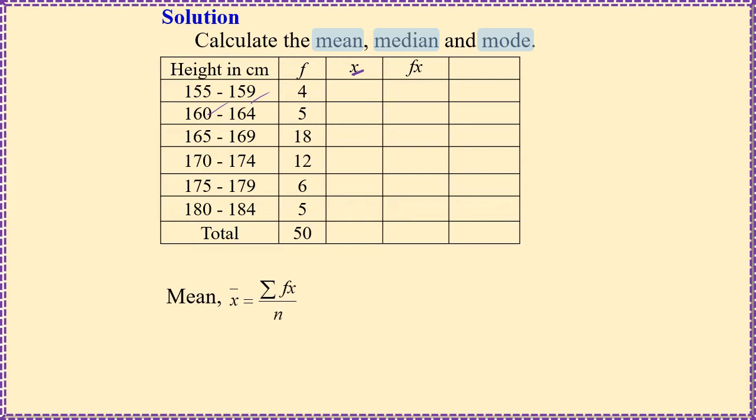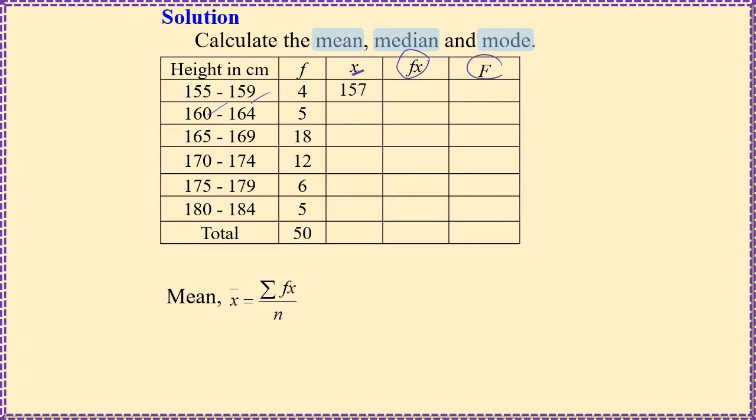If not, then we can use the boundary. It depends on the type of question. So here, we need to find x, the midpoint. And then we need to find the multiplication fx. So we have f, we have x, so what is the multiplication? And lastly, we need to find the cumulative for the median.